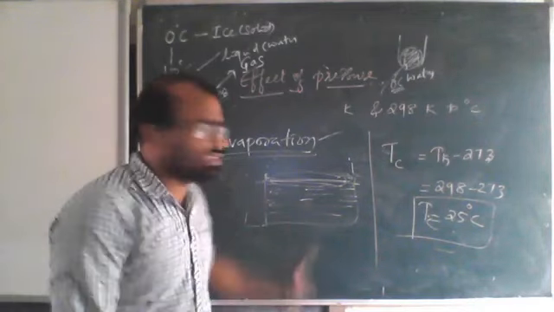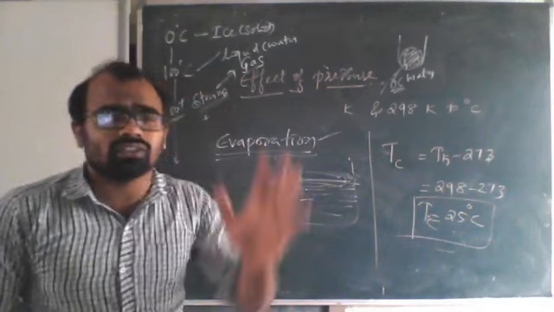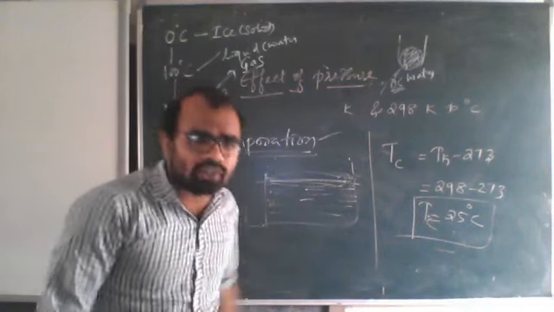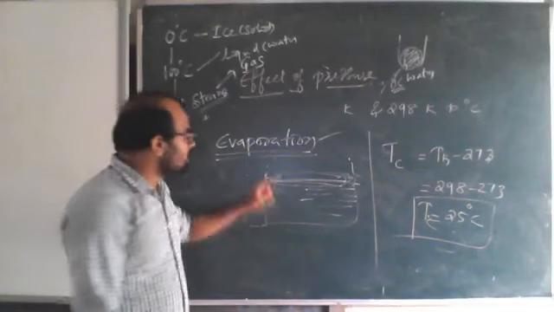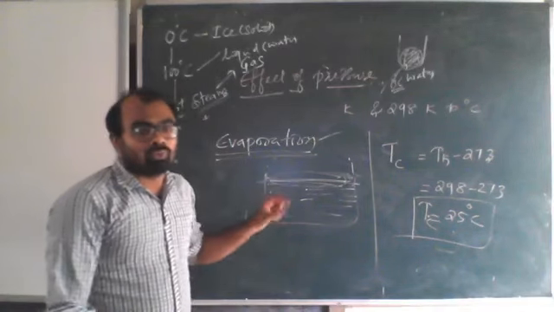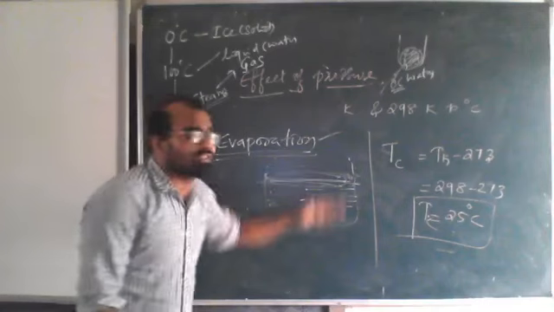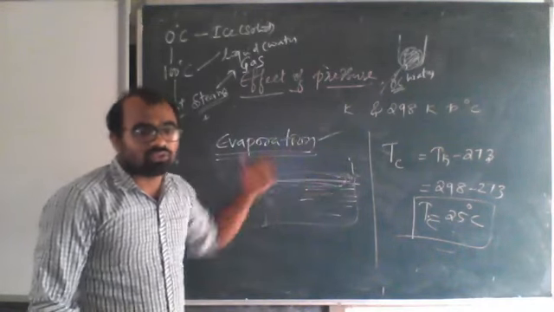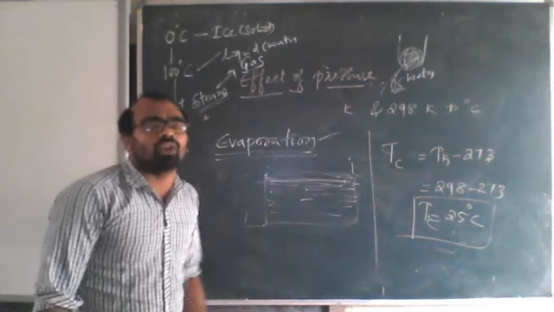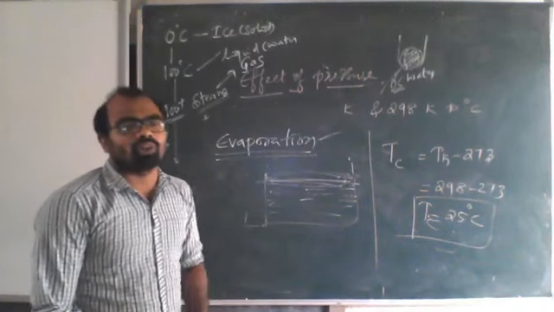In evaporation there is no need. It will not cross 100 degrees Celsius. Below its boiling point only, the particles will come out of the forces of attraction of the liquid and become vaporized. So this process is evaporation below its boiling point. That is very, very important.